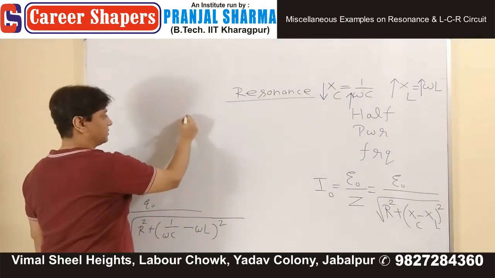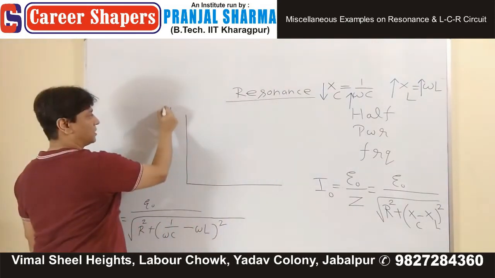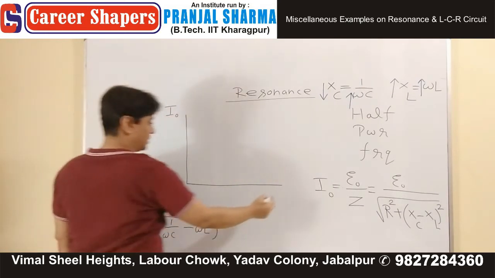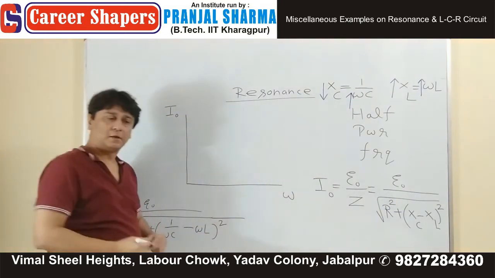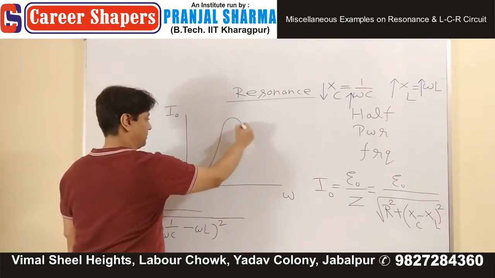Draw this. The graph is between I naught and omega, and the shape of the graph is of this type.